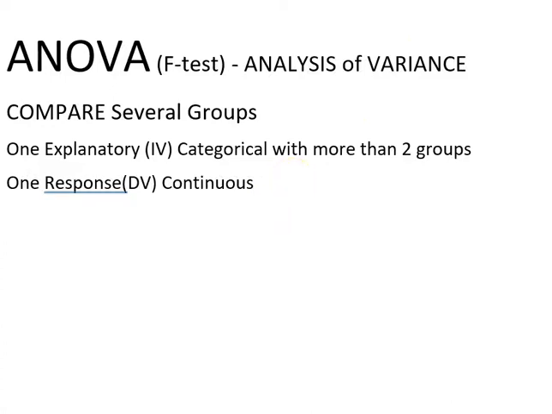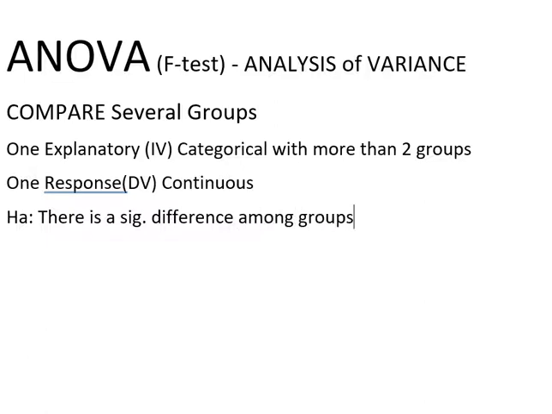And what is H0? Let's say what is HA first. HA is there is a significant difference between, or better to say among, groups of IV, right? Groups regarding DV.